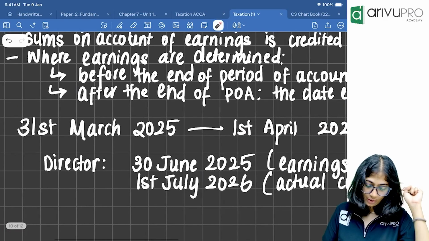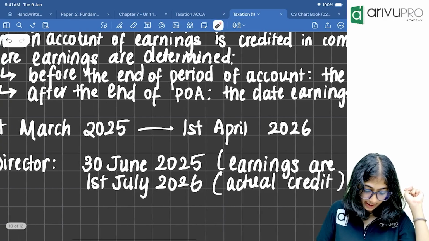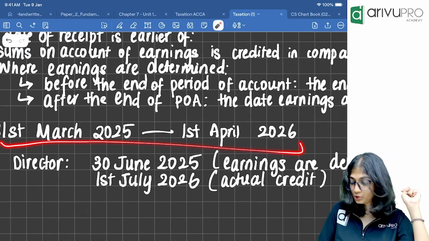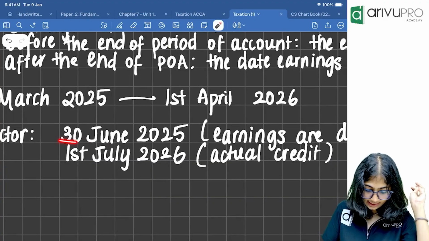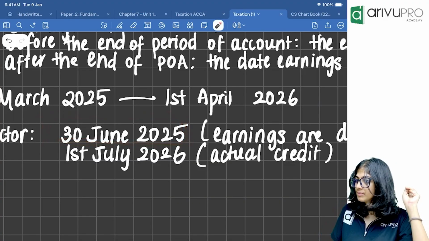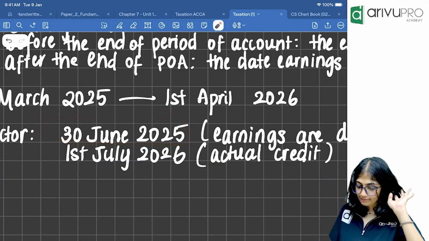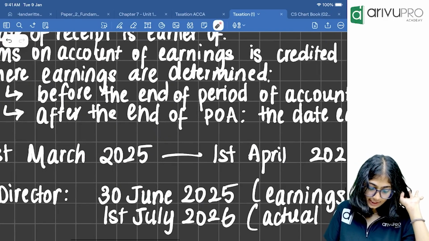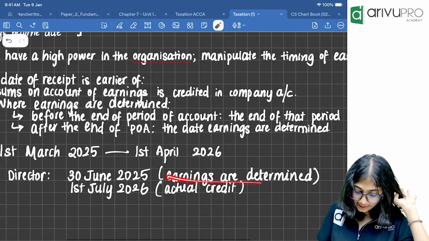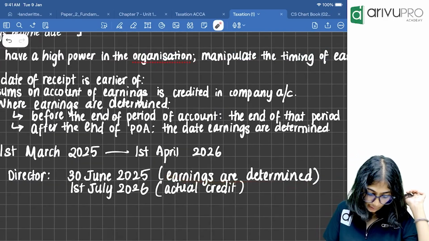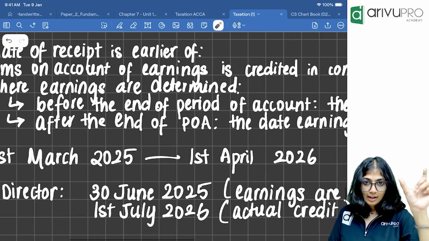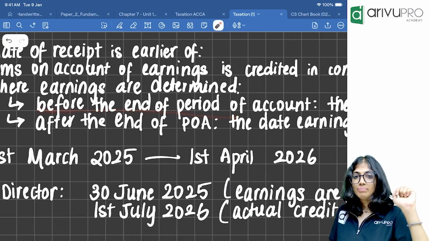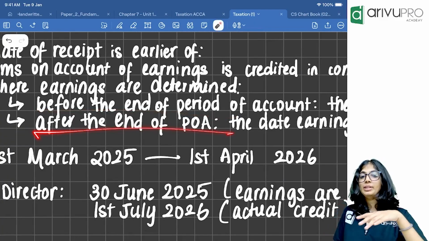Now, this is the period of account, 1st April 2025 to 31st March 2026. Can you tell me, is this 30th June 2025, the date earnings are determined, right? Does this 30th June 2025 arise before the end of period of account or after the end of period of account?